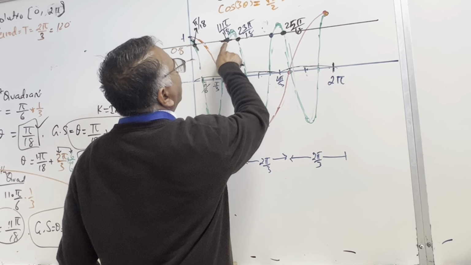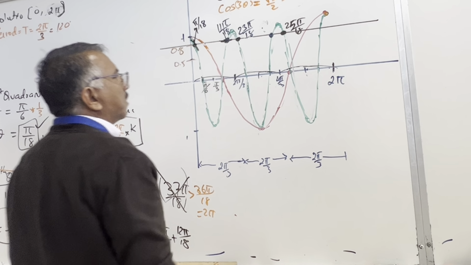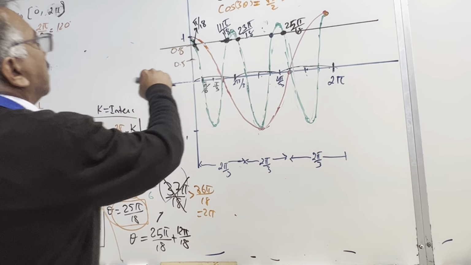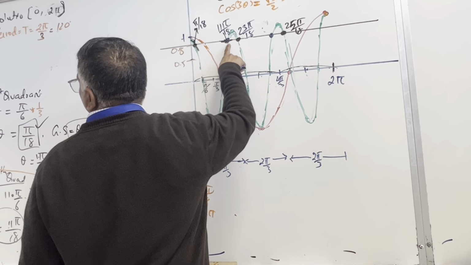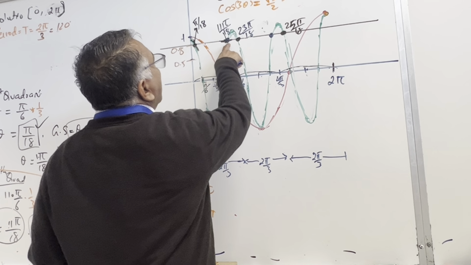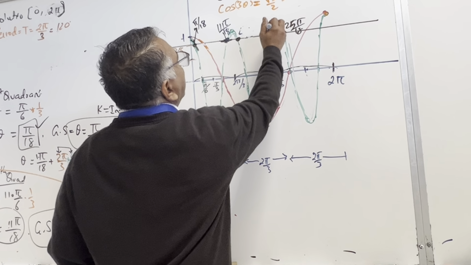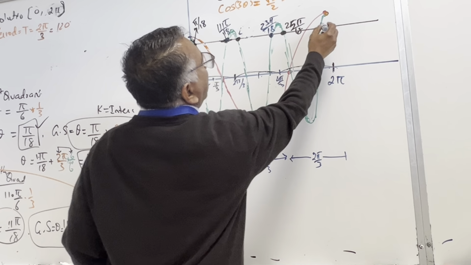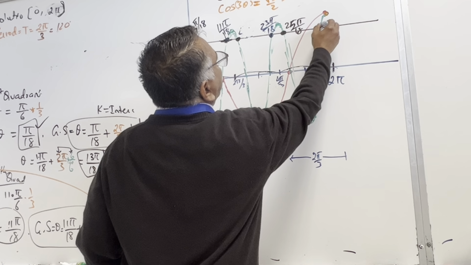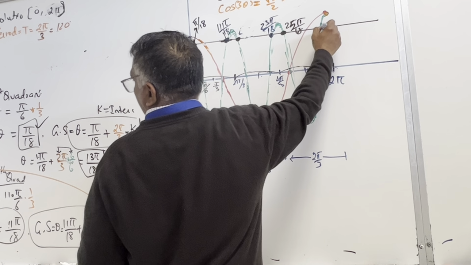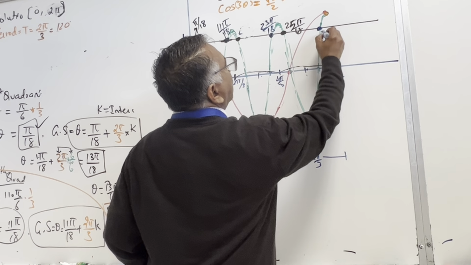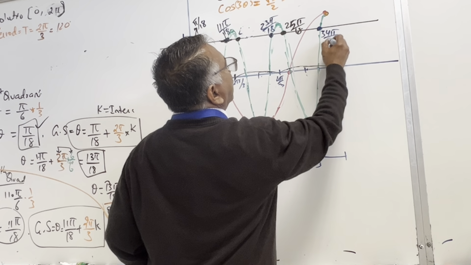Let me see where I'm making a mistake. So 11 pi by 18 is the first one, then comes 23 pi by 18, and then again you have another point here. That part is the last one, which is 34 pi by 18.